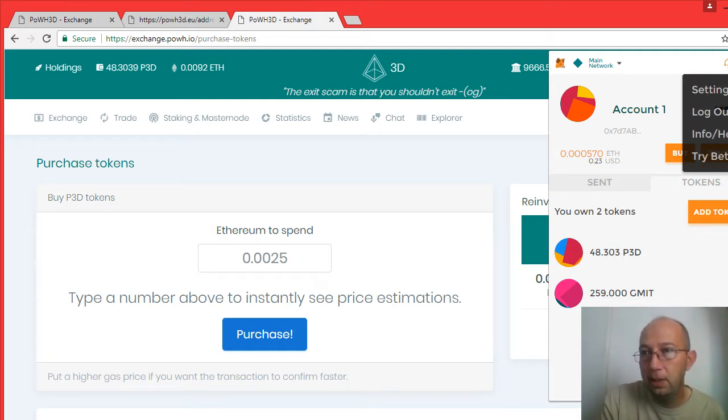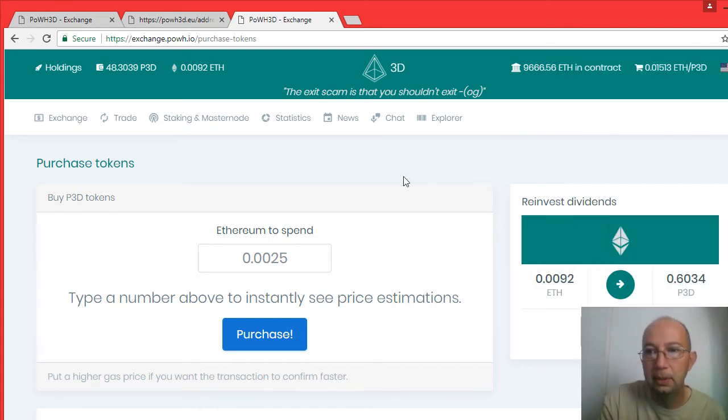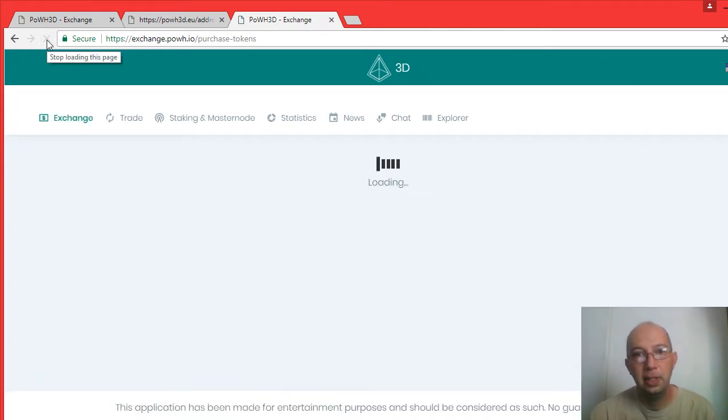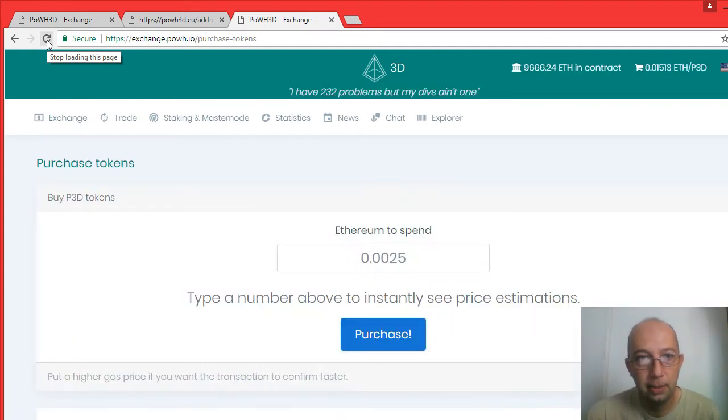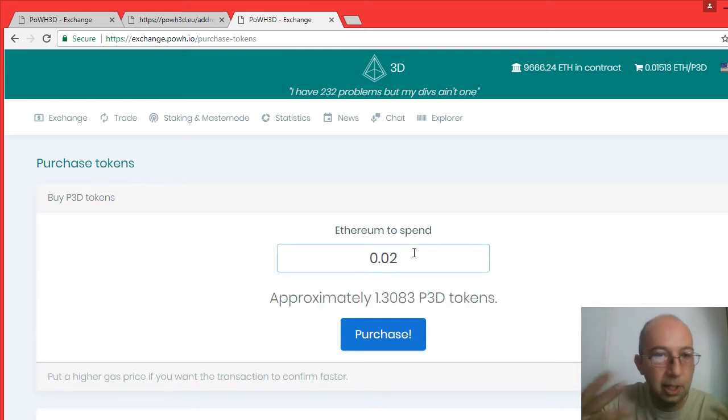If you're not logged in there, let's log out. I'll show you. We'll refresh the page, and what we're going to see is what you would see if you just came here. And it doesn't make much sense, right? It says purchase tokens, and if you put something in, 0.02, we're going to get more into the coin.